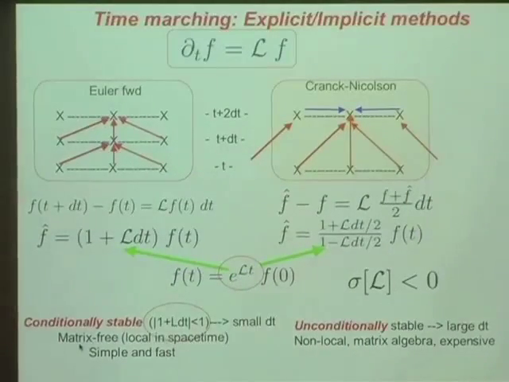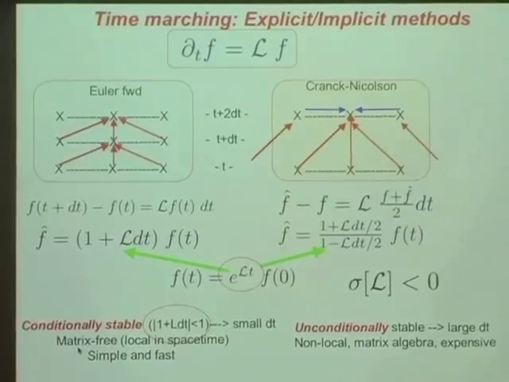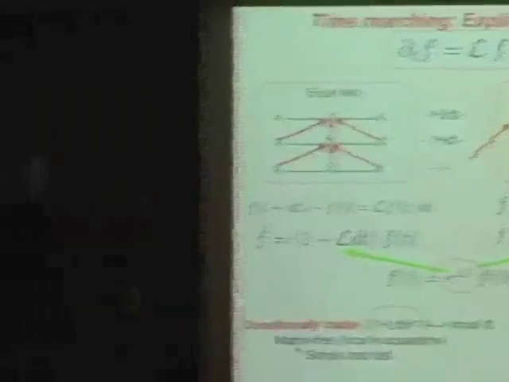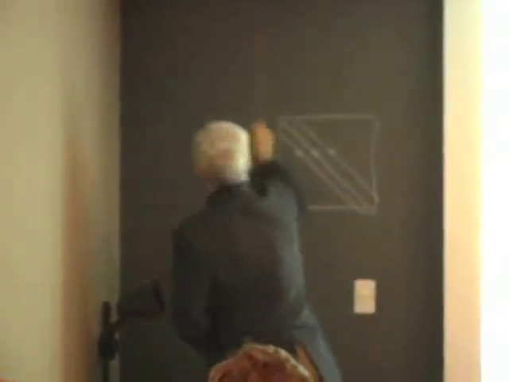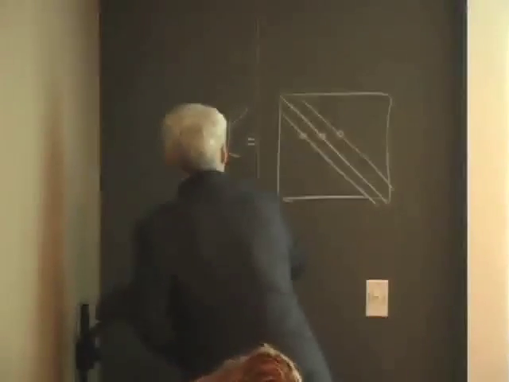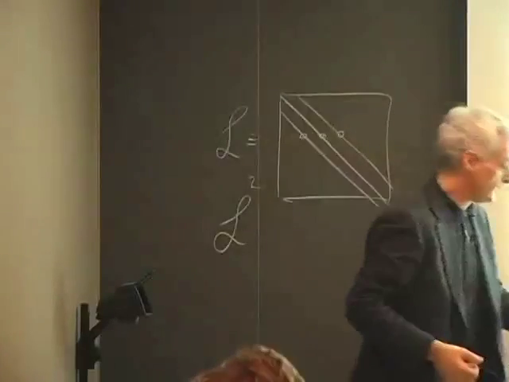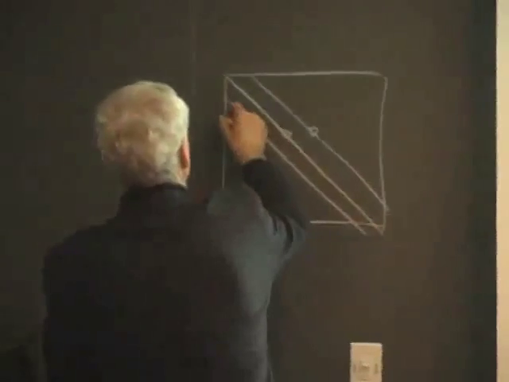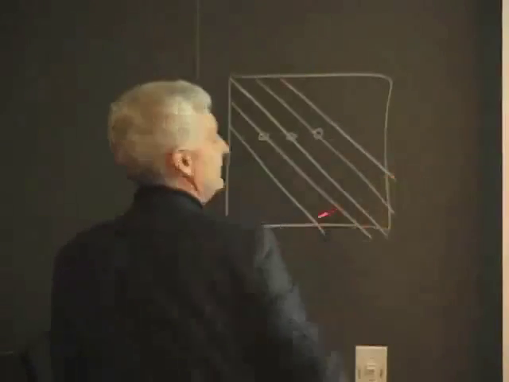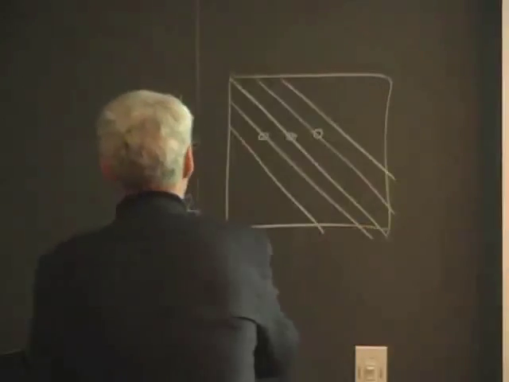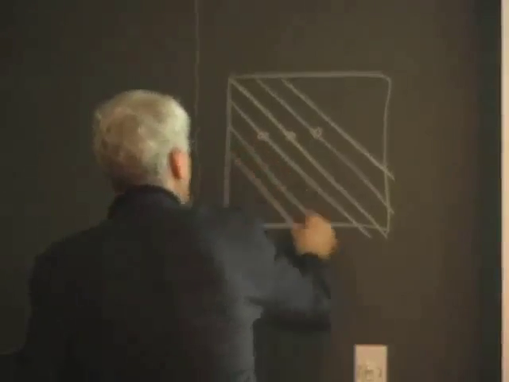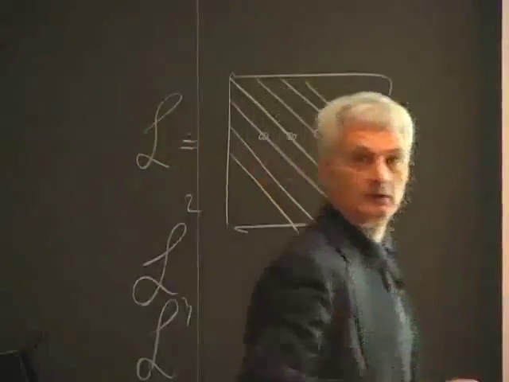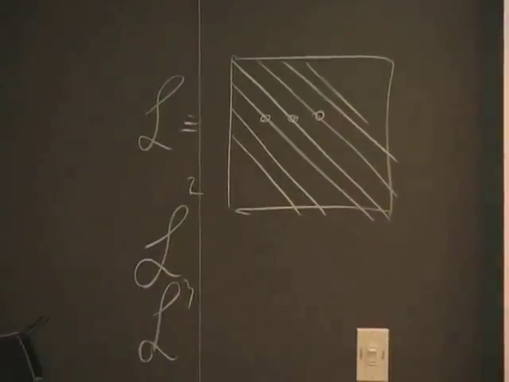Suppose L is a 3-diagonal matrix. So it means that you only involve 3 neighbors. This is L. Now, if you take L squared by expanding the denominator here, you can easily see that L squared will get 5 diagonals. And when you do L cubed, you will keep adding diagonals in your matrix.